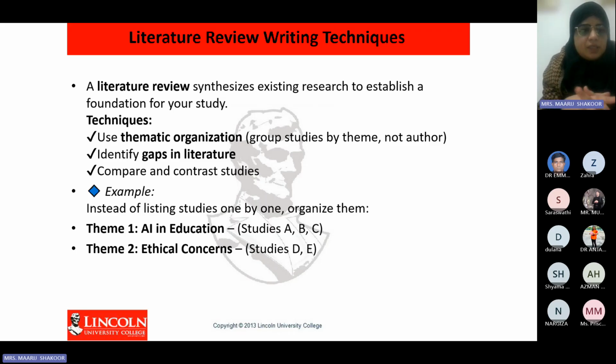Compare and contrast studies. This will help you write the literature review. Instead of listing studies one by one, organize them. Theme one, AI in education, studies A, B, C. Theme two, ethical concerns, studies D and E. You have to arrange and follow that rule in your literature review.